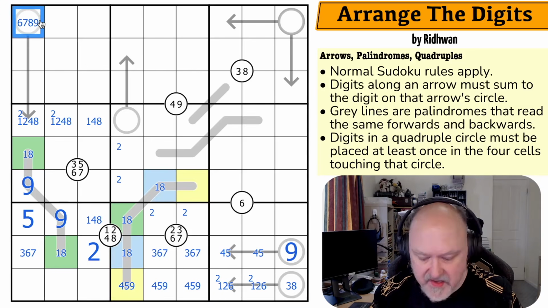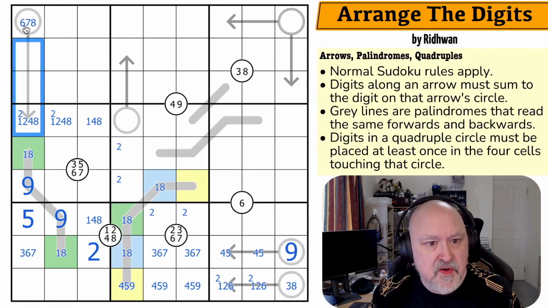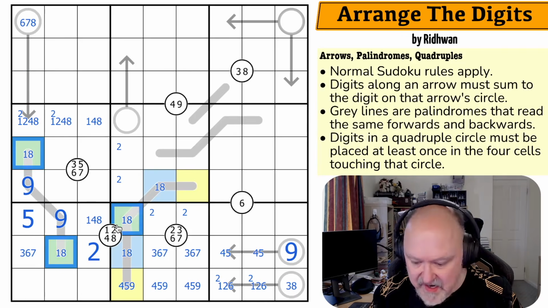This can't be a 9 anymore. So there must be a 1 on this arrow. Because if there's no 1 on this arrow, this has to sum to at least 9, and it can't. So there's a 1 on this arrow, which means green is 8.